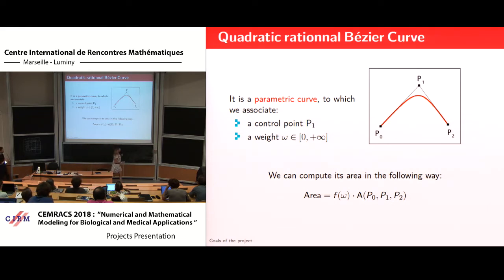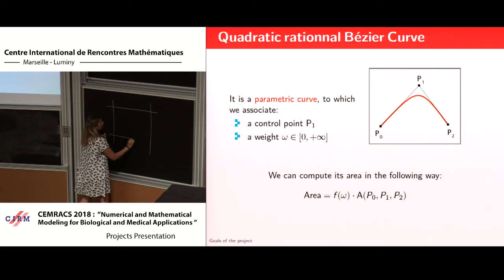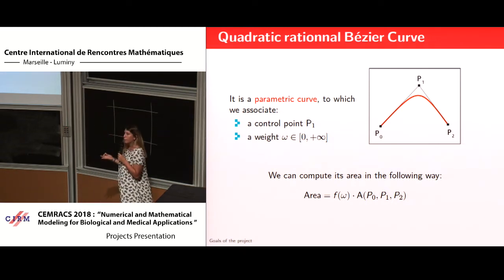So what happens if you consider a cell of your mesh? After the first step of the method, what you find are the 2 points that at this moment I will call P0 and P2. So instead of having a polygonal line, what you want is a curve. So Bezier curves work well in this case because they depend just on 2 parameters.